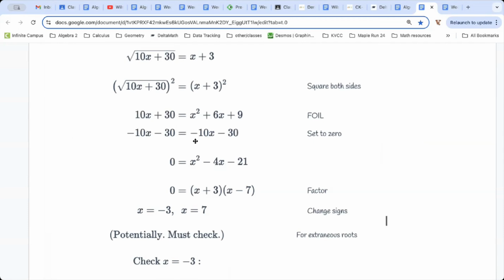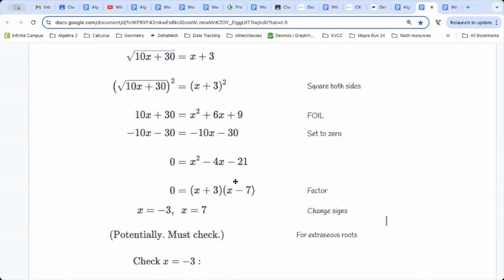Then you combine like terms: 6x minus 10x gives negative 4x, and positive 9 and negative 30 combine to negative 21. So you have a quadratic trinomial on the right-hand side.